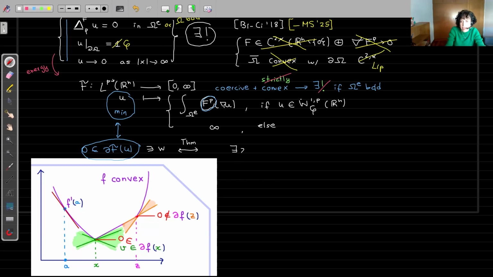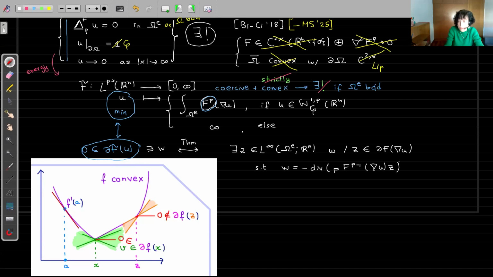If you can find a set Z in L infinity of the exterior of omega in Rn, which is in the subdifferential with the characterization I gave a while ago when we were looking at the evolution of the square crystal, and you find this set such that W is minus the divergence of P f to the P minus 1 of the gradient times Z, weakly.